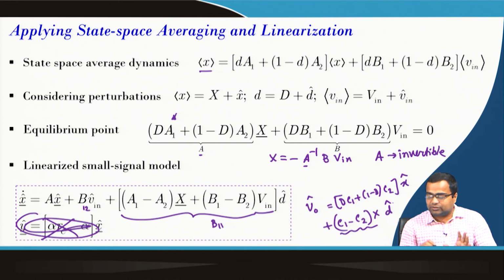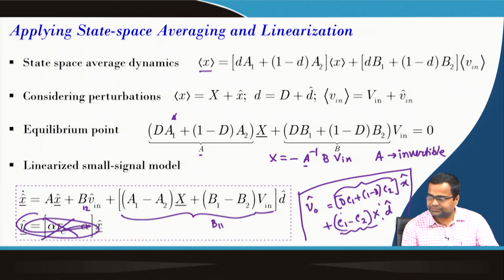So, output voltage will have two components. One is this term under steady state, and another is this term, and this will create a difference. This equation was just copied from the buck, but for boost it is the output voltage average dynamics.